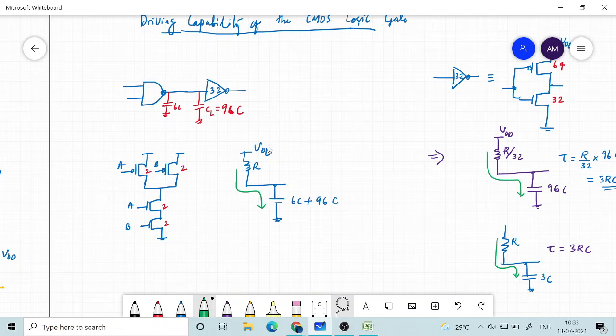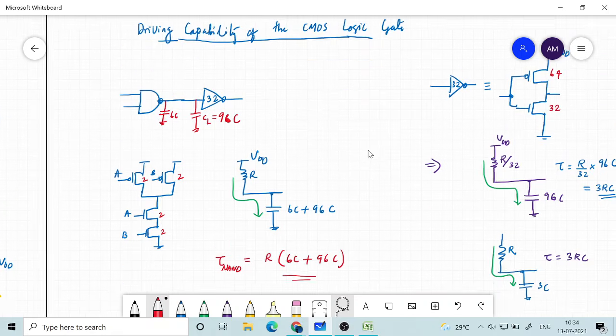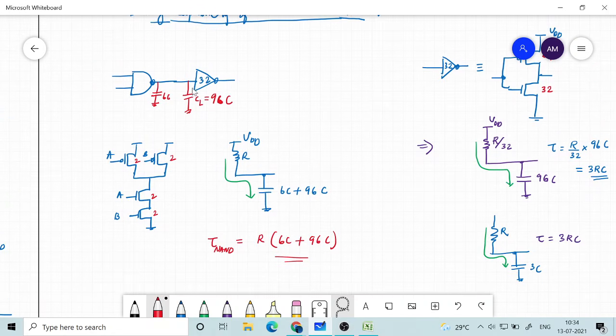So the delay of this NAND gate is going to be R into 6C plus 96C.